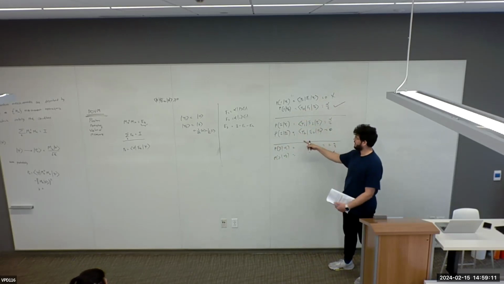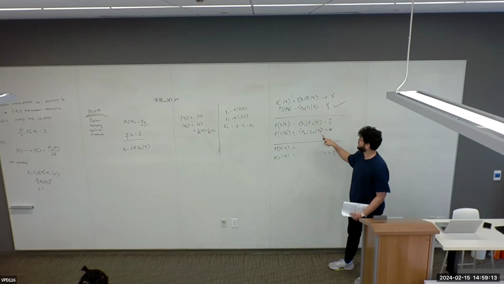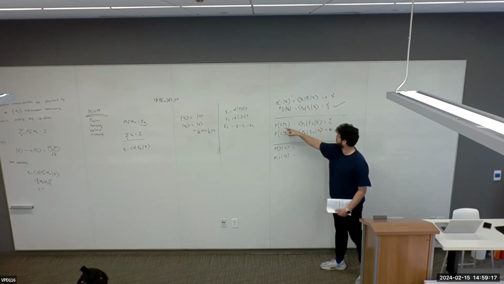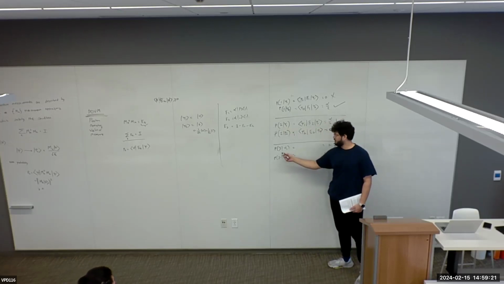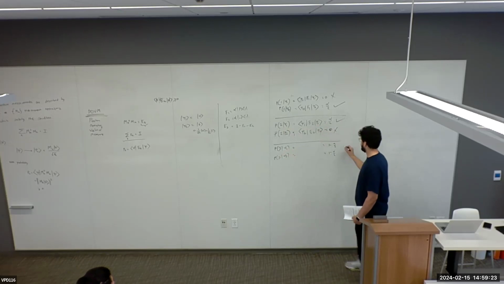If you get outcome 2 on your measurement, you know that the state will never be psi 2, so you can always say that if you get outcome 2, your state is psi 1. And if you get outcome 3, you say I don't know. Go to the next round.